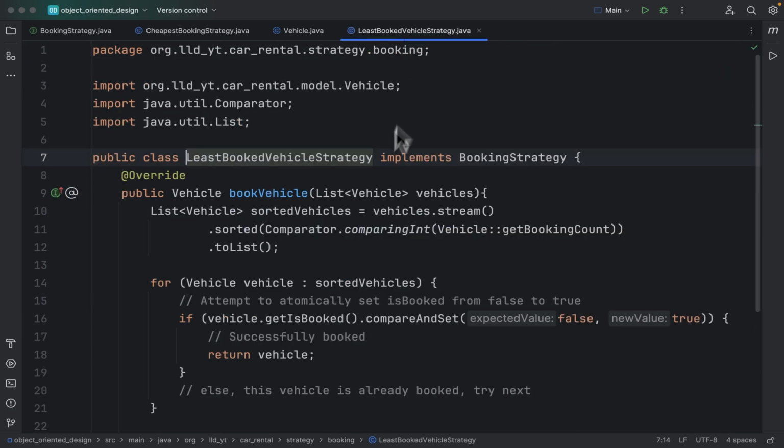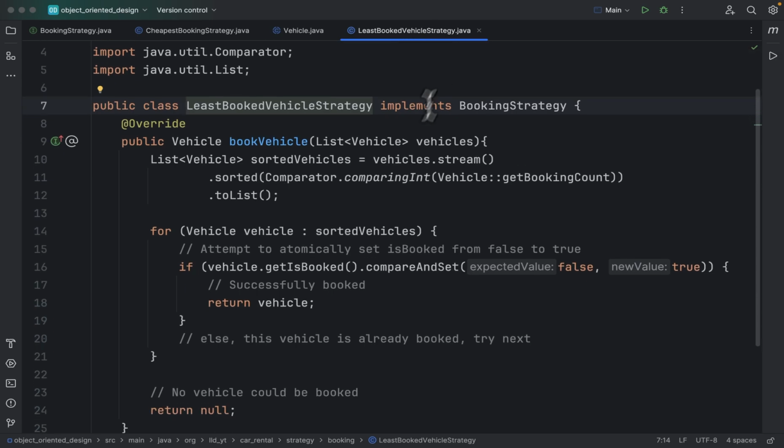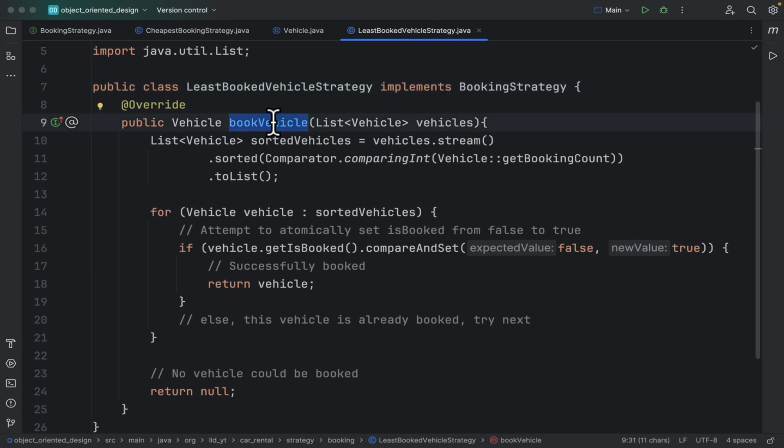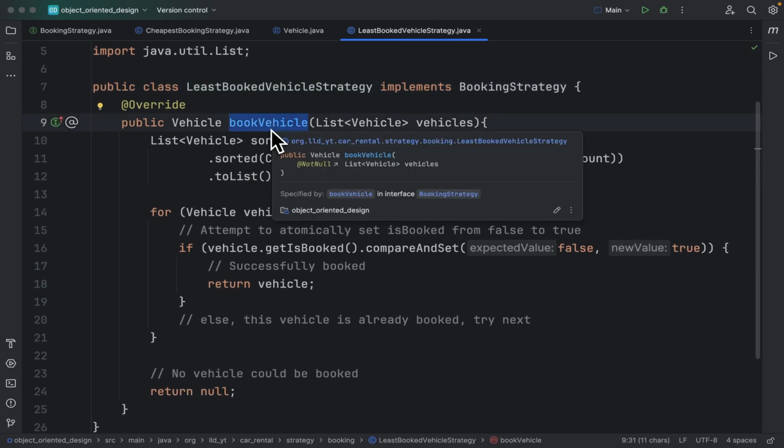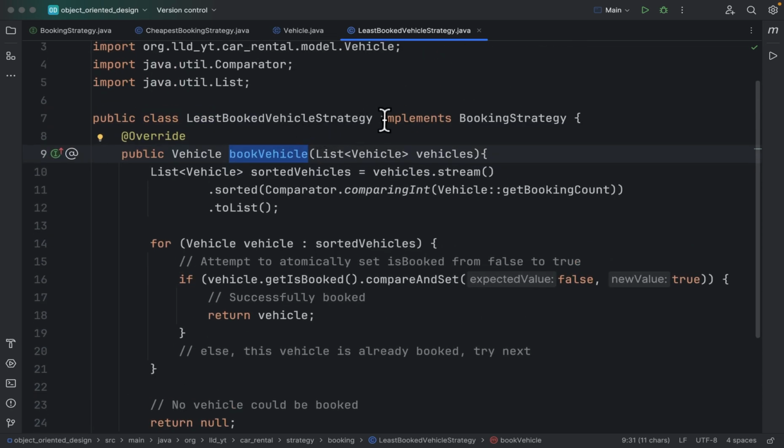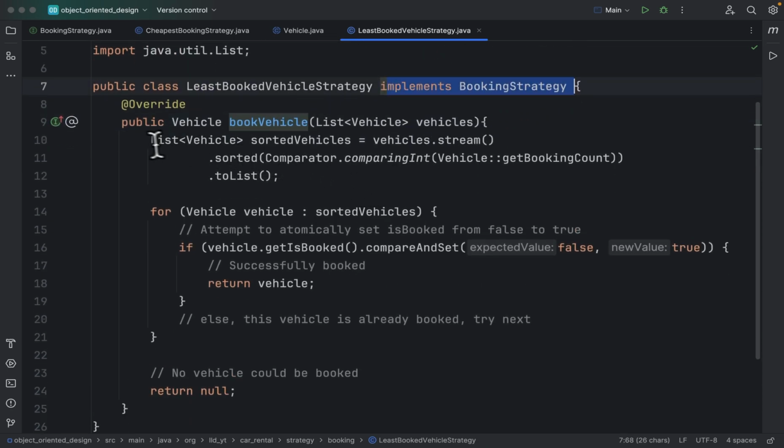Now in the least booked vehicle strategy, again we have this function book vehicle, since it is implementing the booking strategy. Over here I am sorting the vehicles based on the booking count.